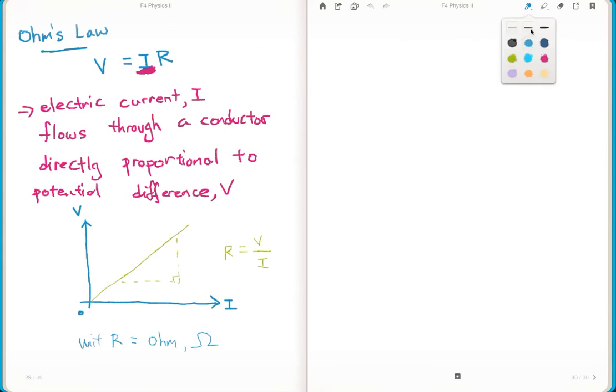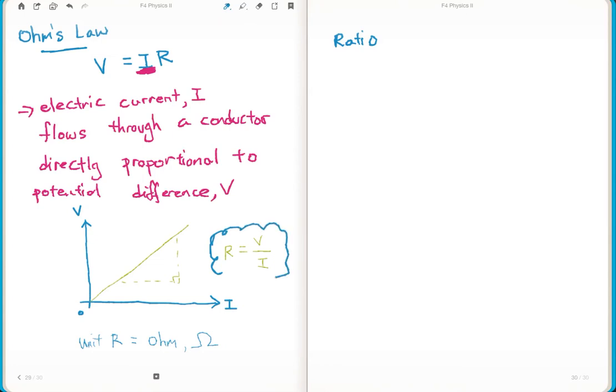Based on this equation, it will actually be a ratio. Resistance is a ratio of potential difference to the current.